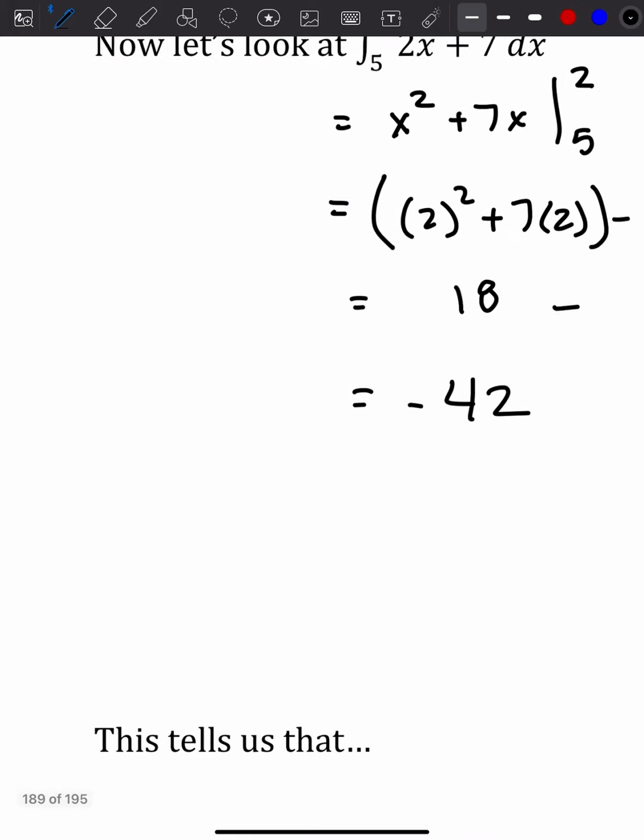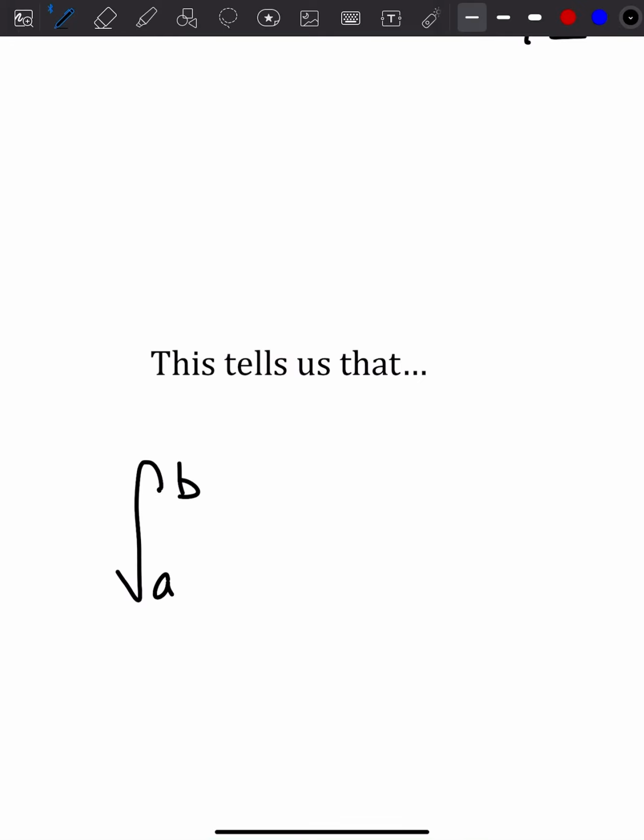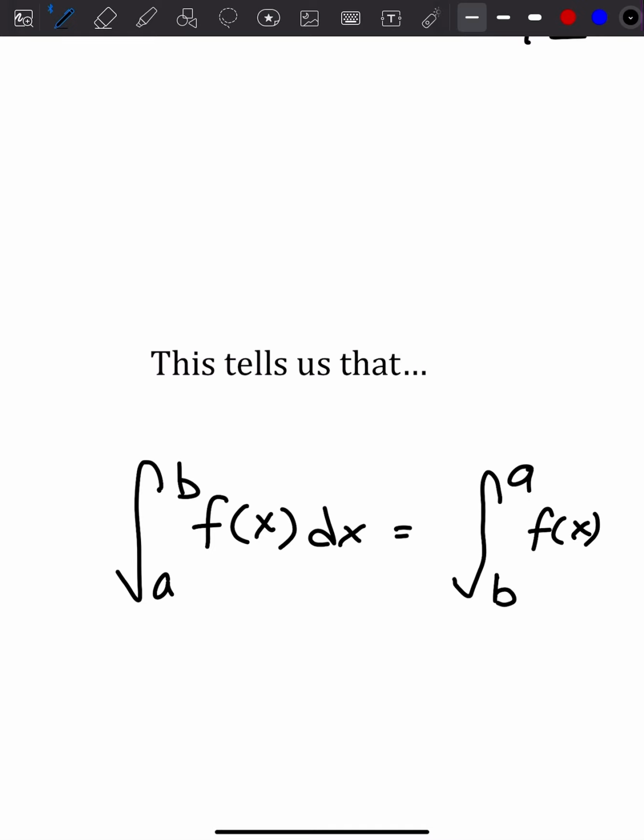So this gives us the rule that the integral from a to b of a function is the exact same thing as the integral from b to a of the same function, but with a flipped sign. So if I can find the integral of one, but not the other, I just need to flip it and add a negative out front, and I have both.